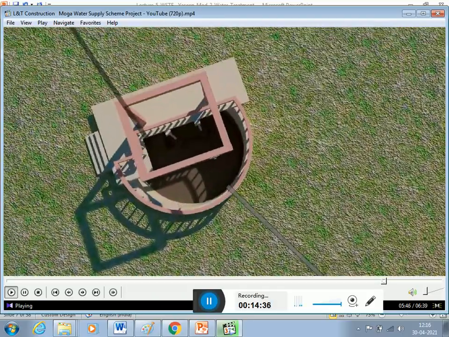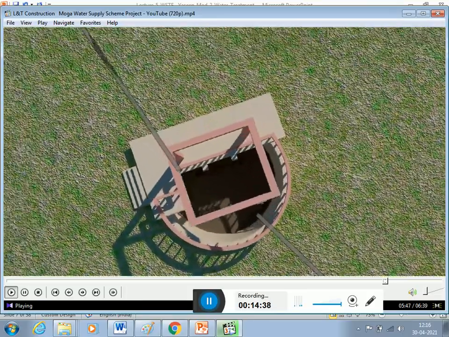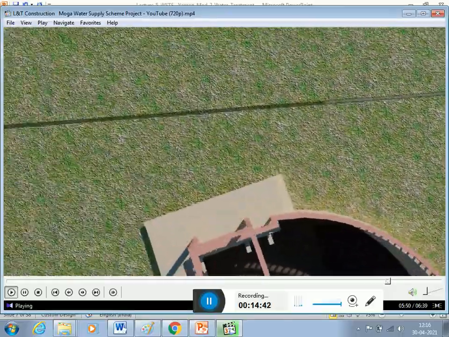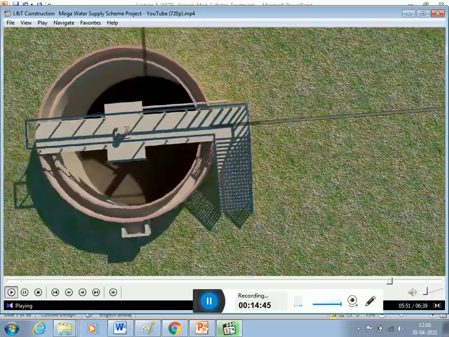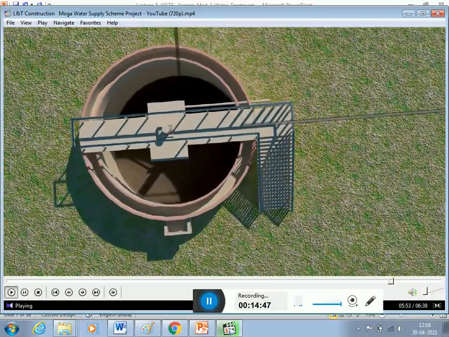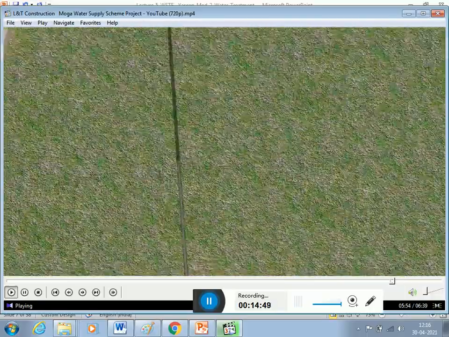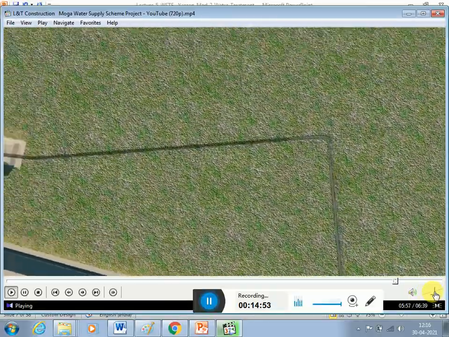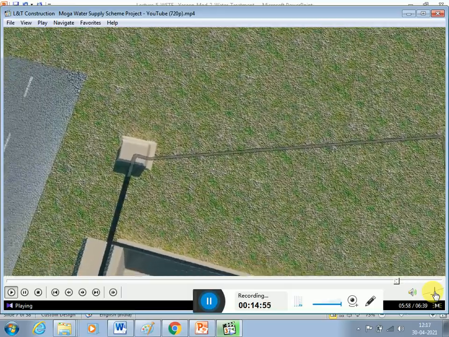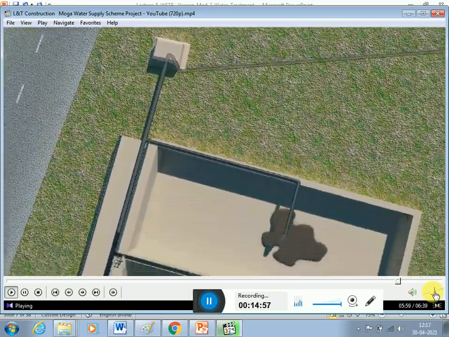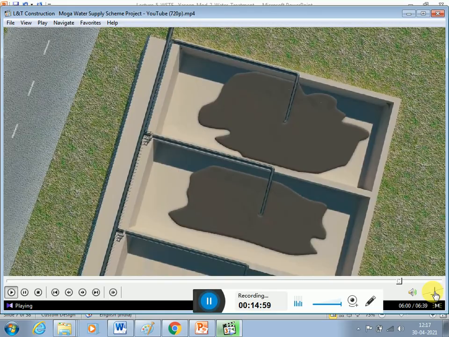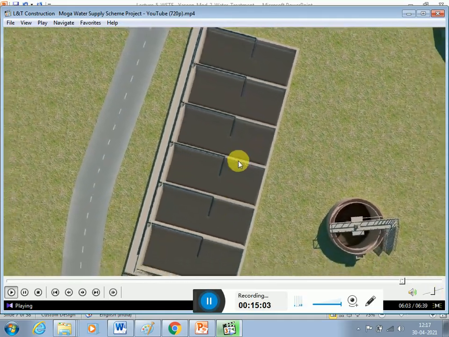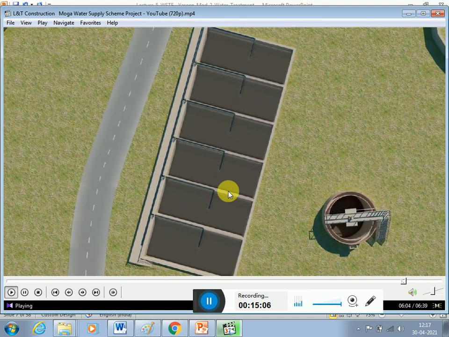You can see the sludge drying beds, where the sludge is pumped in liquid form.